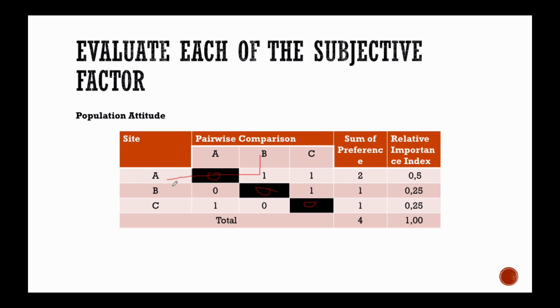I'm going to say that side A is better than side B in a population attitude, so I give the value 1 here.